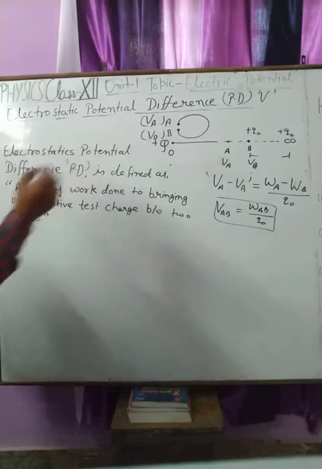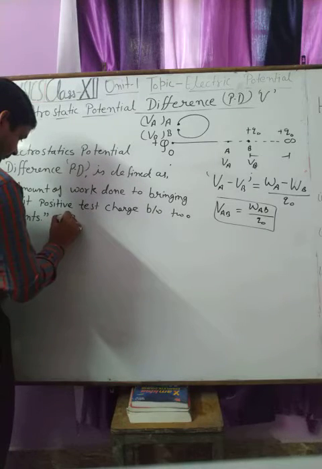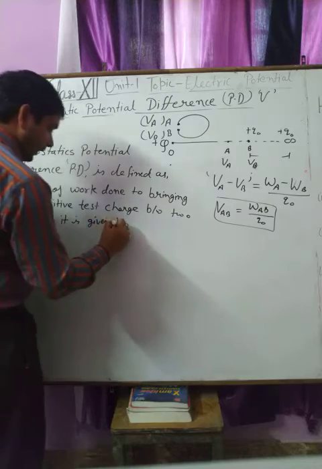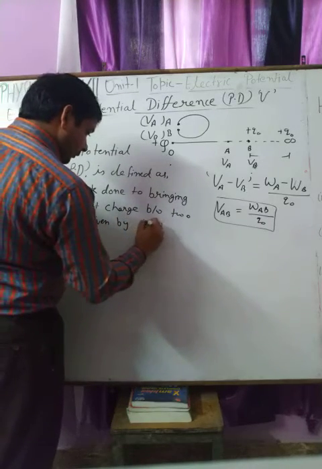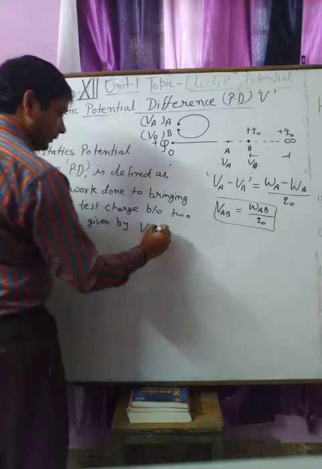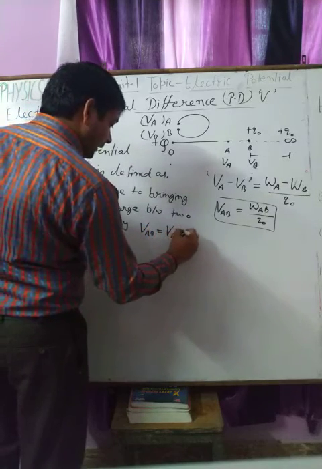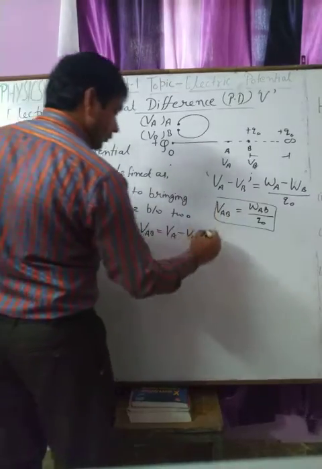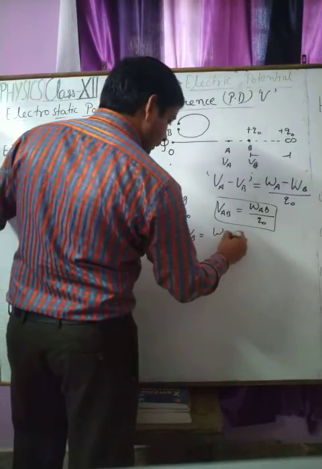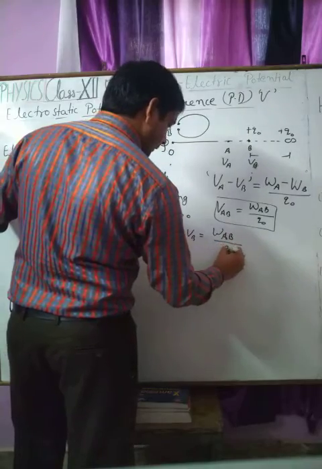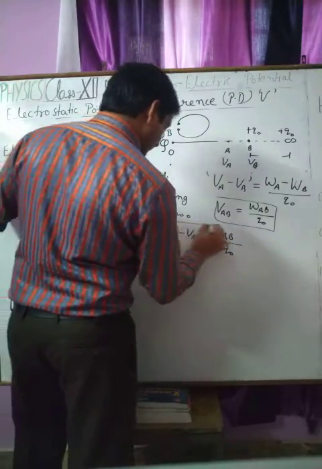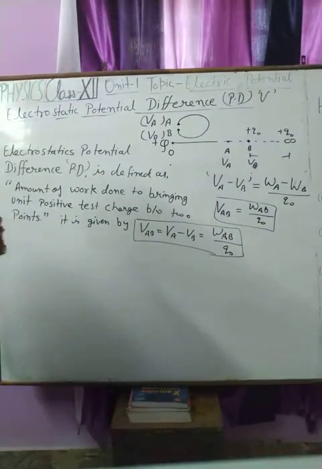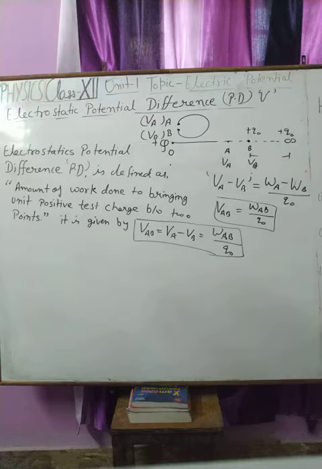It is given by VAB, that is VA minus VB, is equal to WAB upon Q naught. This is the electrostatic potential difference, or simply we call it potential difference.